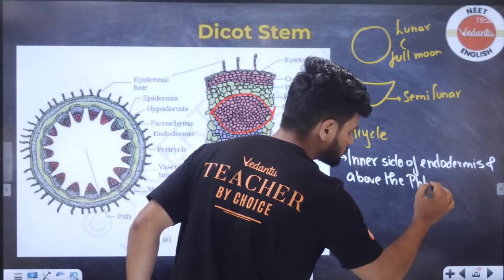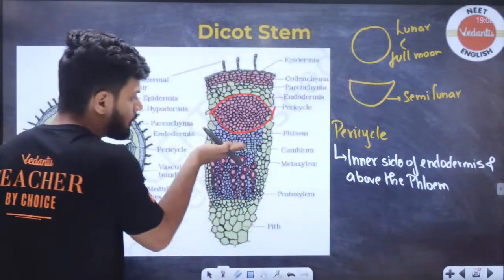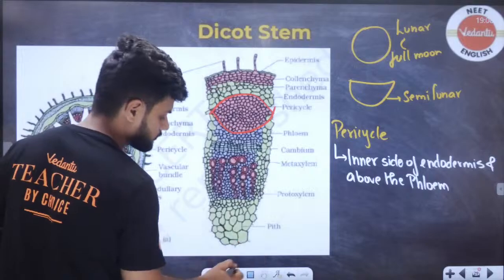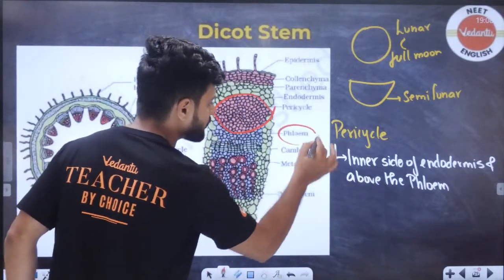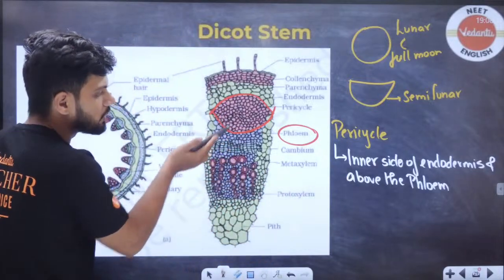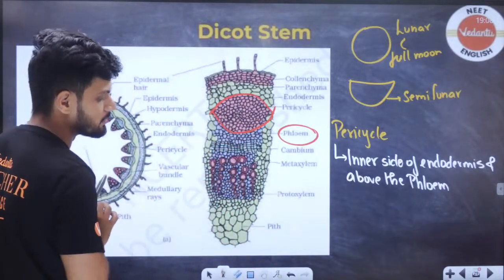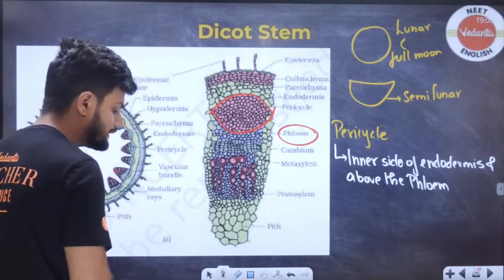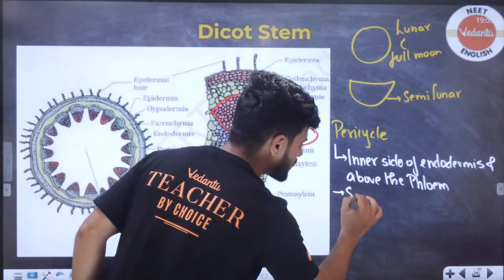Can you see here? It is above the phloem. This is the phloem right here. So your pericycle is present above the phloem and inner to the endodermis. It is semilunar shape.